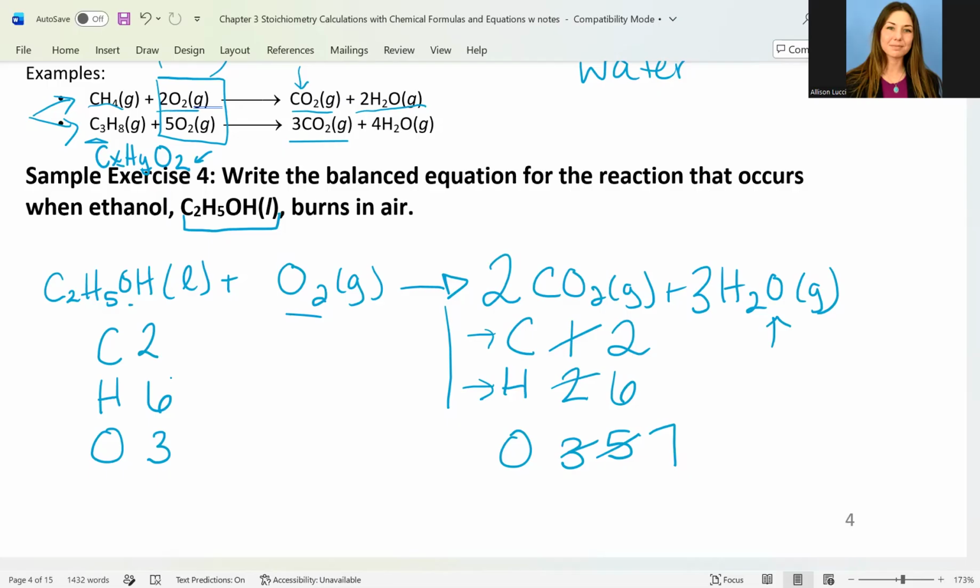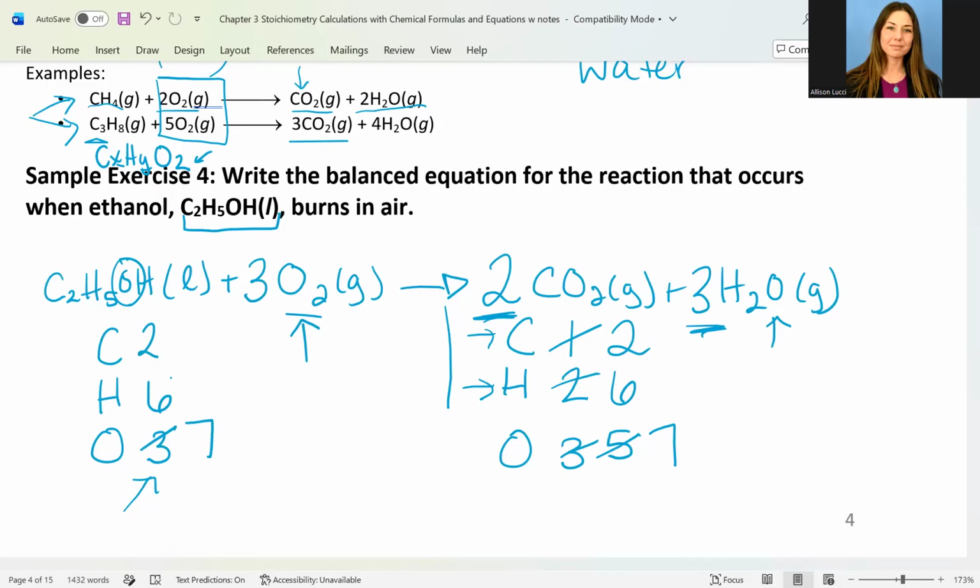So I have a 2 coefficient in front of my carbon dioxide gas, a 3 in front of water, and I'm almost balanced. Now I need to go back and look at my oxygens. I see 3 over here, 7 over there. So what do I do? Well, if I put 3 out in front of here, that will give me 6 plus one more gives me that 7.